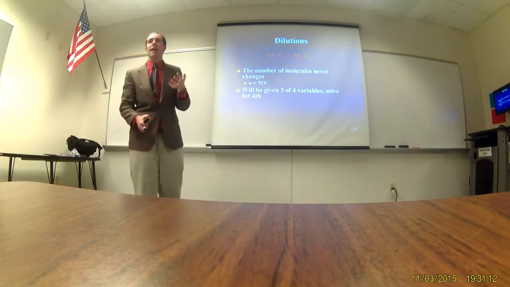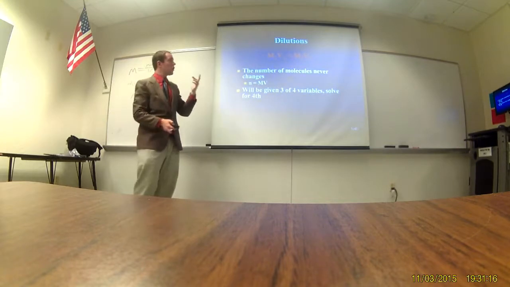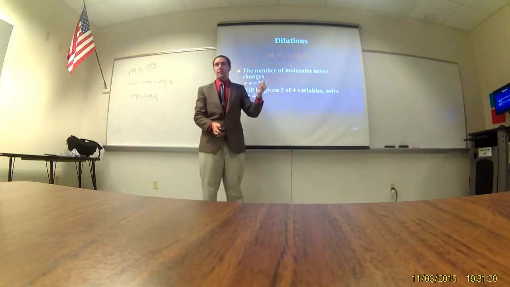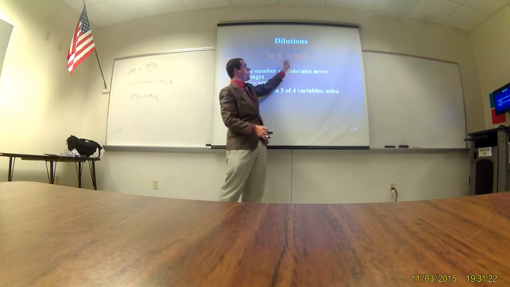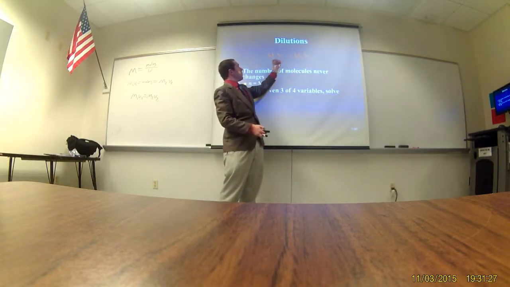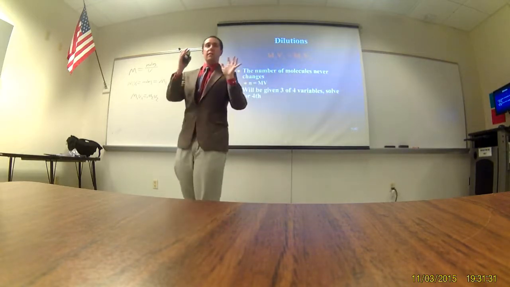So they're not that hard. The only tricky thing is make sure your units are the same on the left and the right. Don't have milliliters on the left and liters on the right, or molarity on the left and molality on the right. As long as you're consistent, you'll be fine.